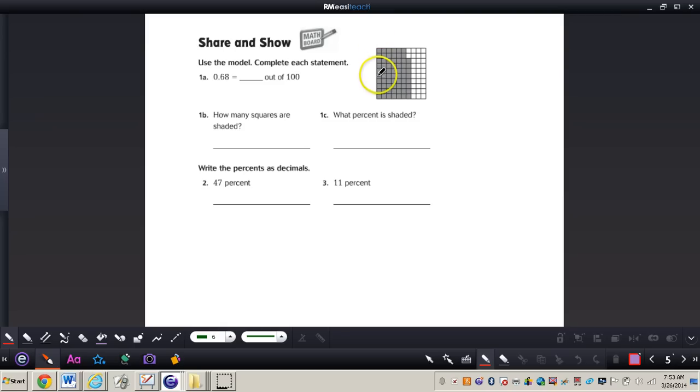Now we can easily see that 68 hundredths here, we have 68 little squares shaded in because we have 6 columns shaded in and 8 on the other one, giving us 68 out of 100. So how many squares are shaded in? We know 68 squares are shaded in. What percent is shaded in? If it's 68 out of 100 or 68 hundredths, we see just 68%.